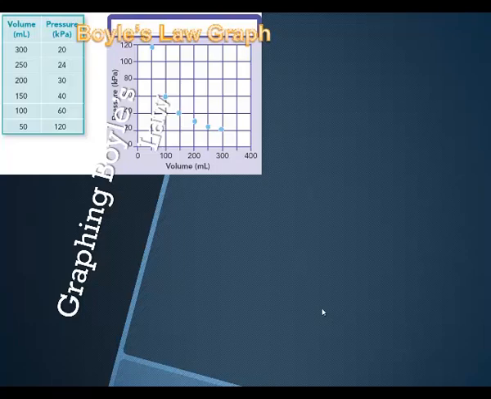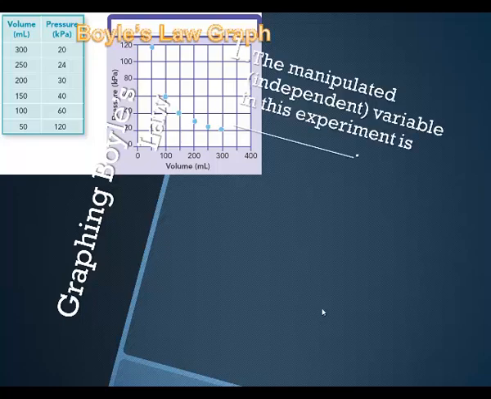So looking at the graph of Boyle's Law, the one that we created, the manipulated or independent variable in this experiment is what? So the one thing that we changed in this experiment is the volume.